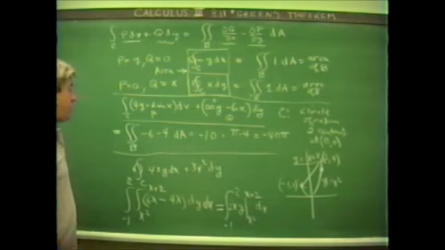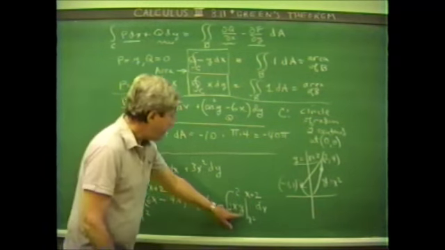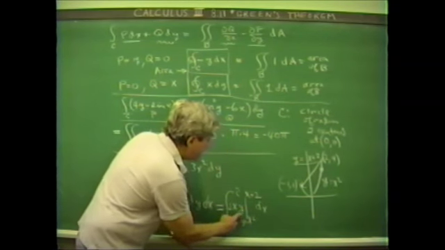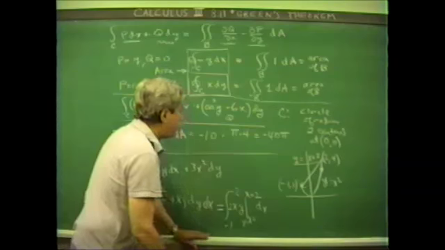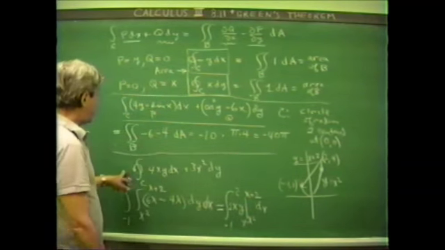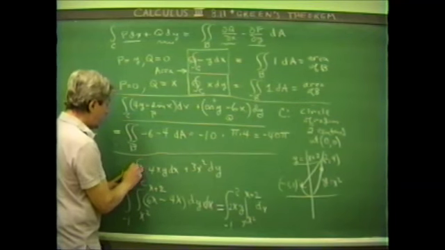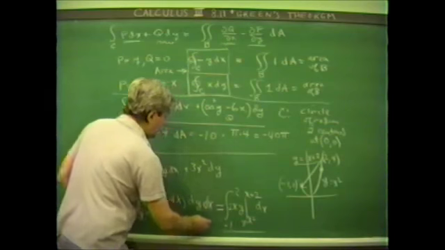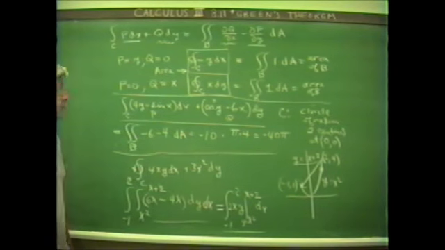It's clear that this problem has been made easier. And Green's theorem has allowed us to compute the integral around this curve by doing the double integral here with respect to area.